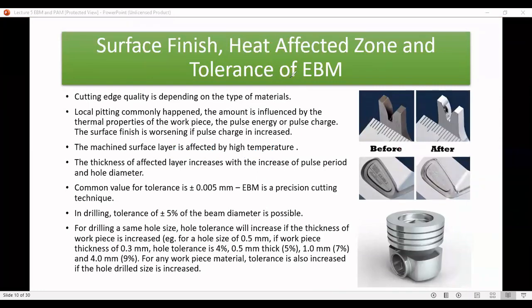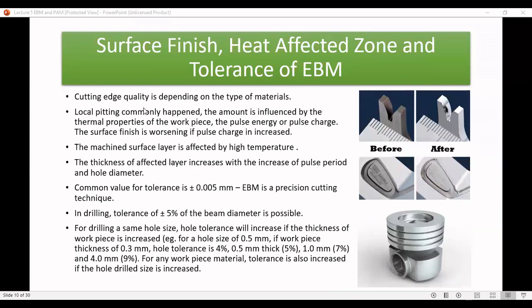Okay. Let's look at the surface finish, heat affected zone, and tolerance of EBM. These are things that you have to consider when you want to select this particular process to machine something.